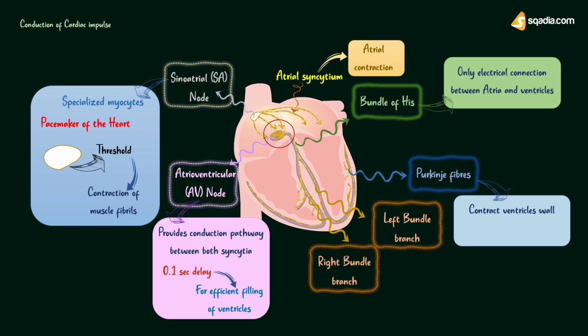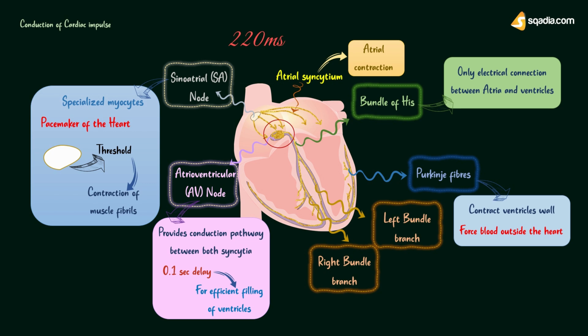They complete the pathway through the interventricular septum. Purkinje fiber stimulation causes the ventricular walls to contract in a twisting motion to force blood into the aorta and pulmonary trunk. From the time the SA node generates an impulse until depolarization of the final ventricular muscle cells takes only 220 milliseconds in a healthy heart.